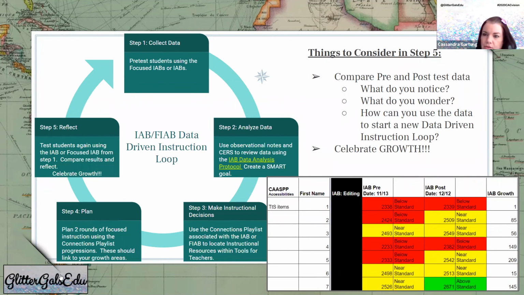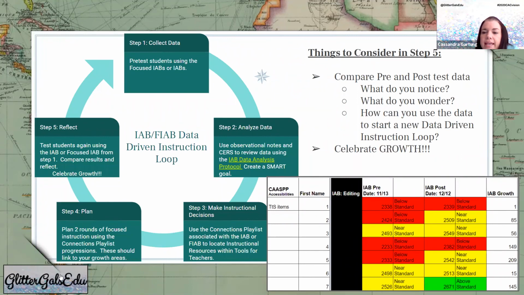But I can guarantee you that the kids don't necessarily remember taking the test 4 weeks ago. I've had students that were like, oh yeah, now I kind of remember it, I guess. But it's going to be the same test. So we're comparing apples to apples here. And then we're going to compare the results, and we're going to reflect, and we're going to celebrate growth. That is the important thing here.